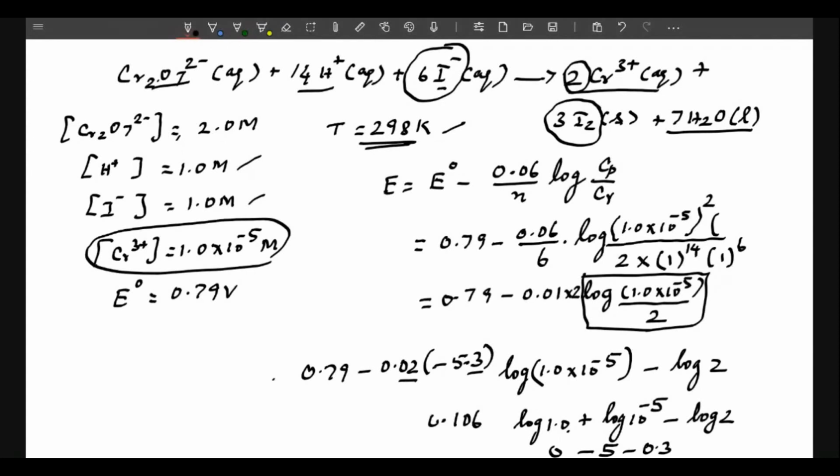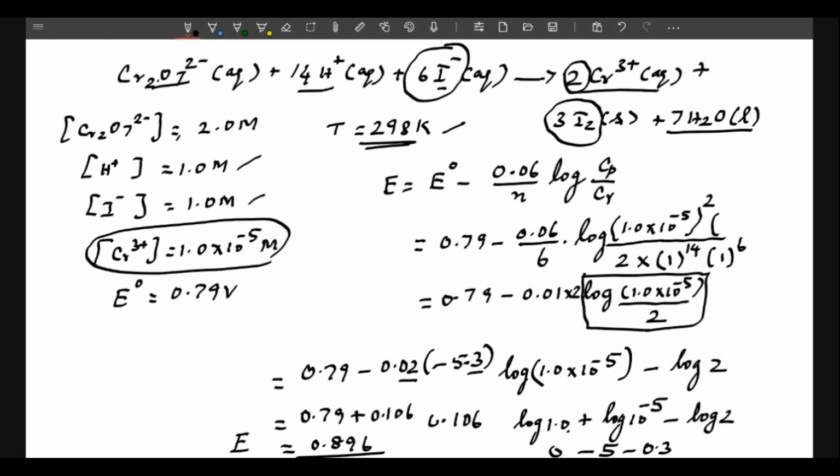Minus into minus is plus, therefore equal to 0.79 plus 0.106. Therefore the correct answer is 0.896. Therefore, the E value in the non-standard condition is this much. This is the way you can calculate this E value.